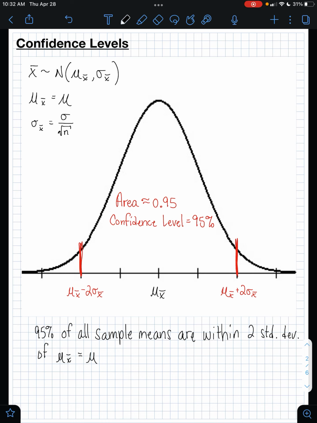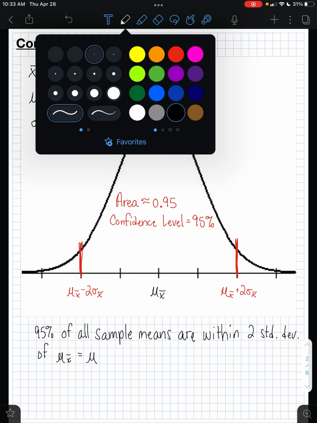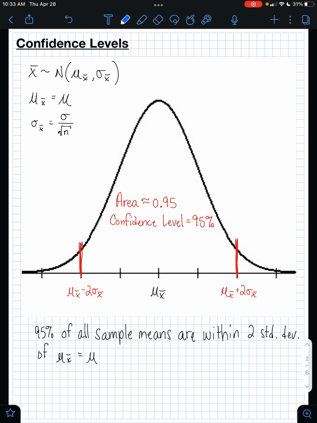Well, it's just a matter of reversing our point of view here. Instead of saying that the sample mean we got is within 2 standard deviations of the mean, what we could say is that the population mean is within 2 standard deviations of our sample mean.